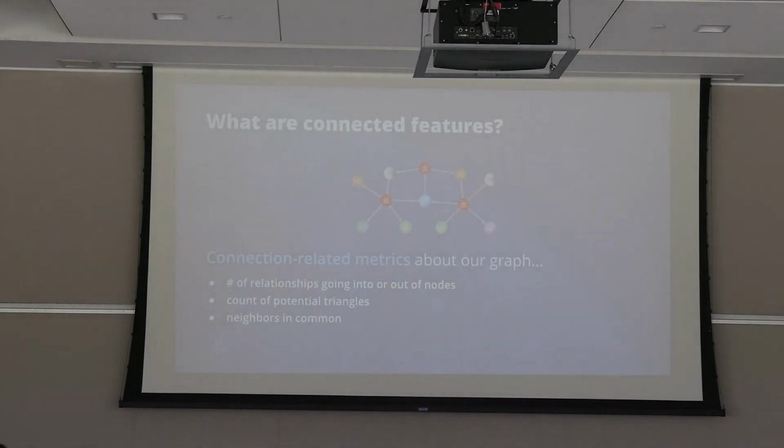So a term we've kind of been using quite a bit is connection features, connected features. Basically, all those are features that are based on the connections inside the network. So it could be the number of relationships in or out of nodes. It could be the count of potential triangles in the network, or it could be neighbors in common, anything like that.